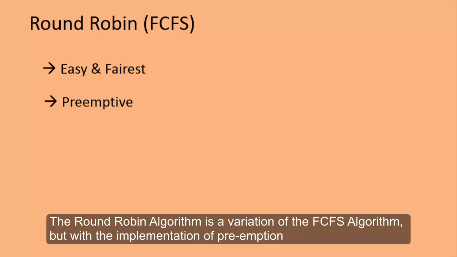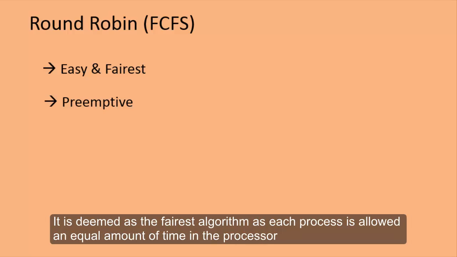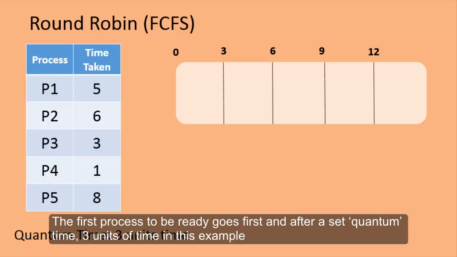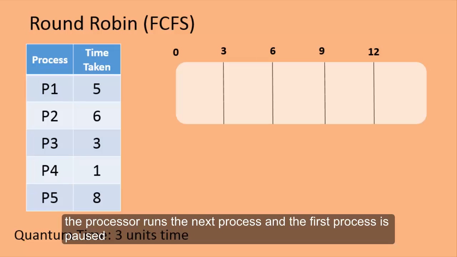The round-robin algorithm is a variation of the first-come first-served algorithm, but with the implementation of preemption. It is deemed as the fairest algorithm as each process is allowed an equal amount of time in the processor. The first process to be ready goes first, and after a set quantum time, 3 units of time in this example, the processor runs the next process, and the first process is paused.